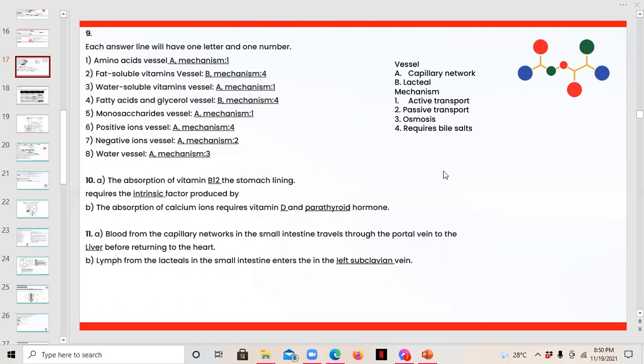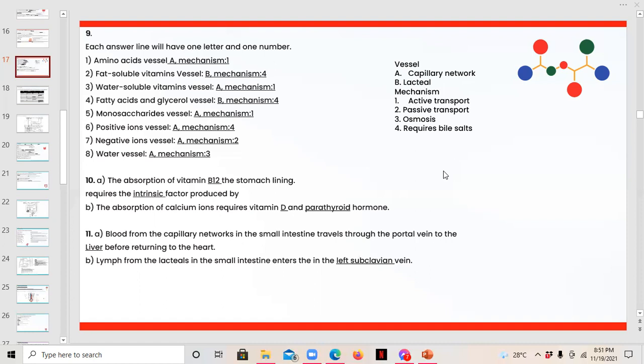Number 10A, the absorption of vitamin B12 in the stomach lining requires the intrinsic factor produced by. Letter B, the absorption of calcium ions requires vitamin D and thyroid hormone.